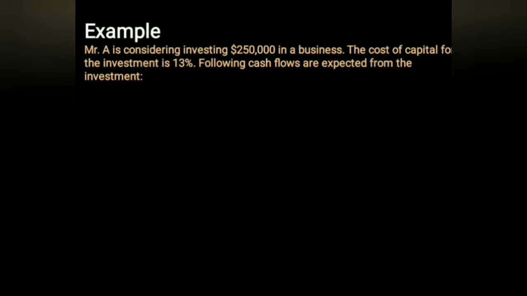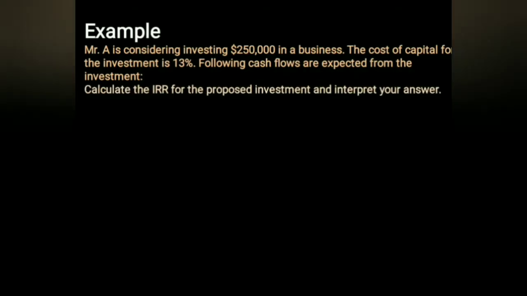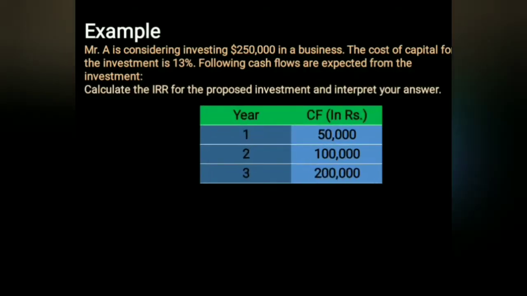They have given cash flows for 3 years in rupees: 50,000, 1 lakh, 2 lakhs. They are asking us to calculate the IRR for the proposed investment and interpret your answer, which means you have to take a decision according to the information given.